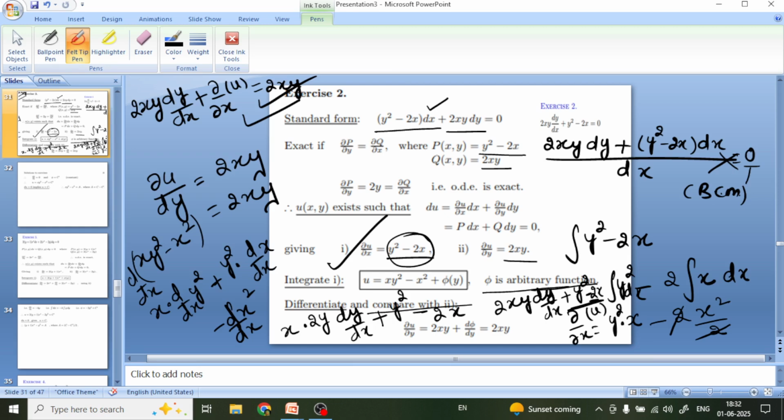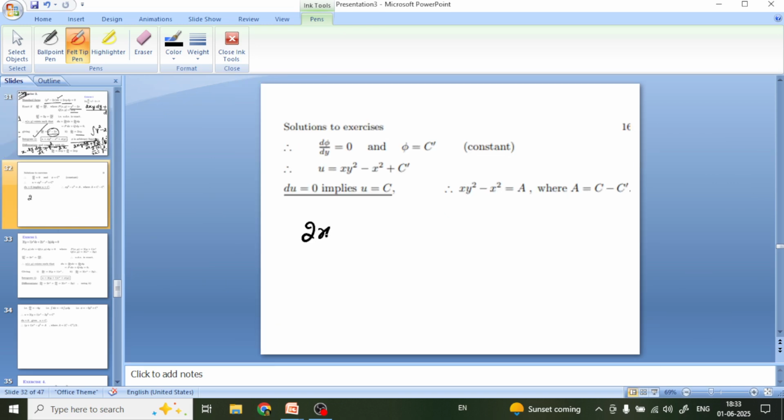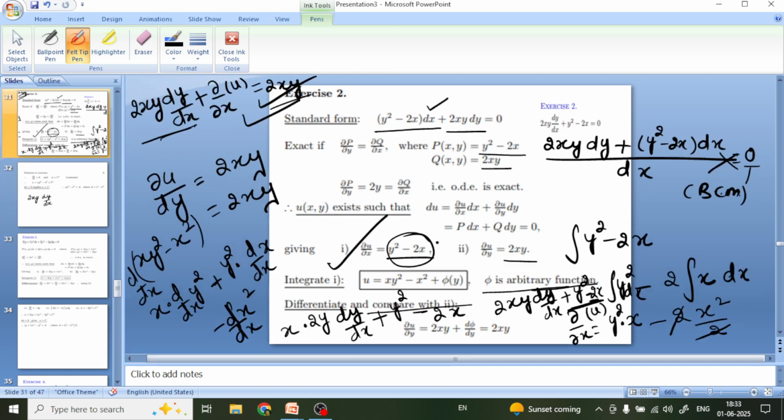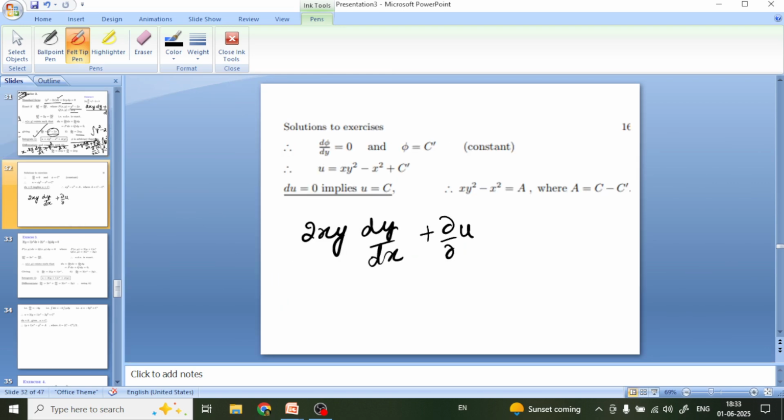Here when we compare with the second equation, this whole value should be equal to P dx. 2xy dy over dx plus the partial derivative of u, that is equal to 2xy.